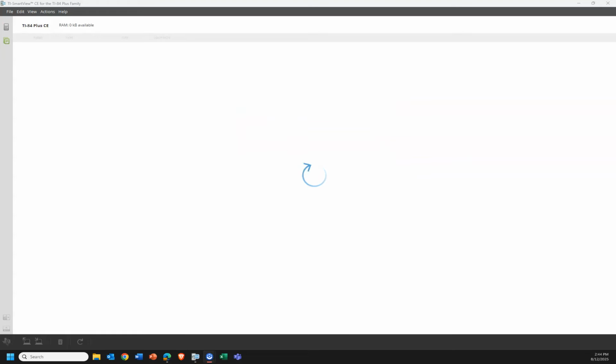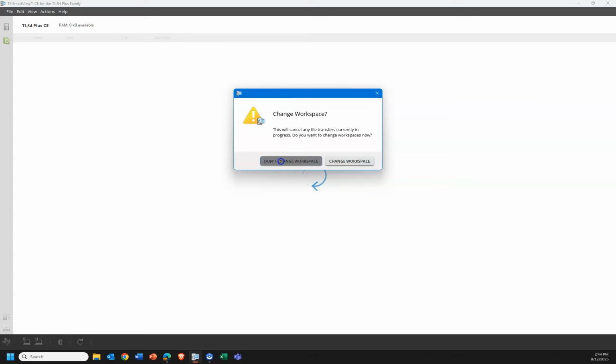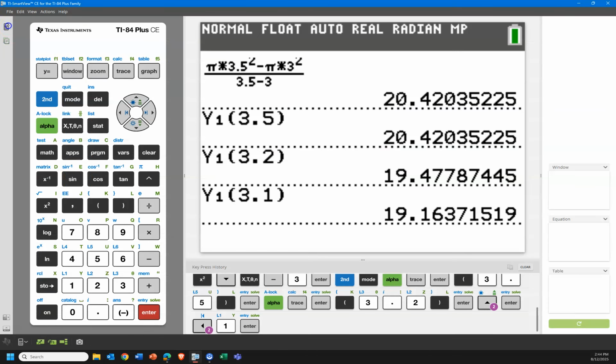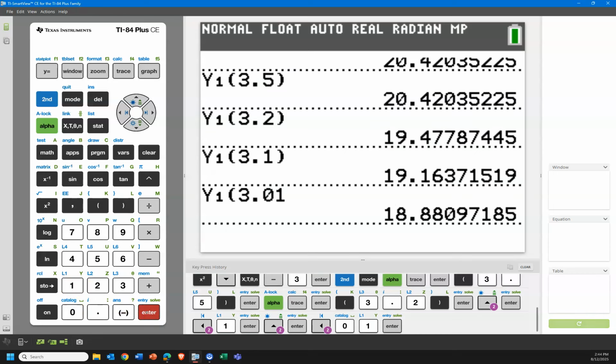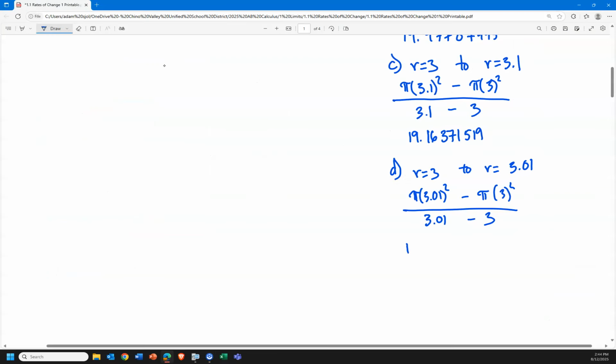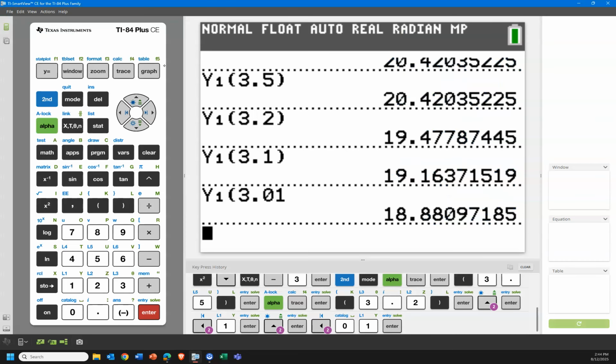I have no idea what I just did. Don't change workspace. Oh man, what the heck did I do? Okay, anyways, 3.01, 18.88097185.